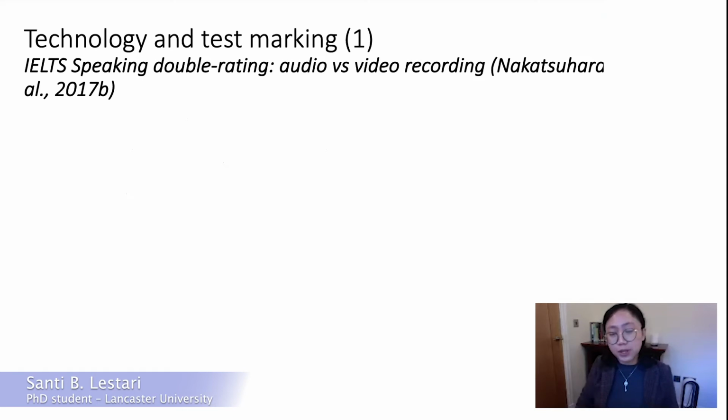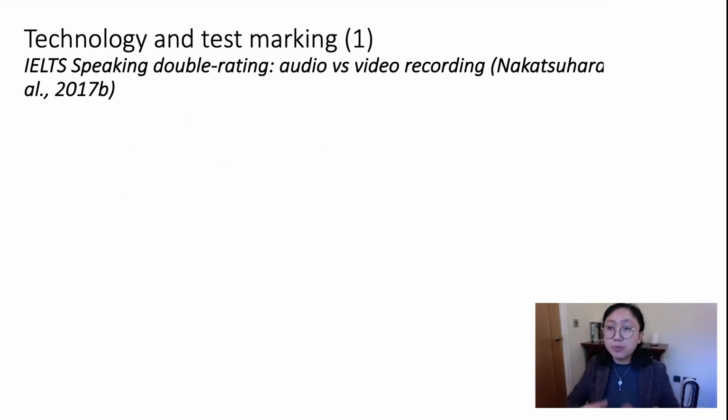test marking, the first one. Again, it's a study done on IELTS Speaking by Nakatsuhara et al., but it's a different study from the previous one. They looked at the possibility of double rating.